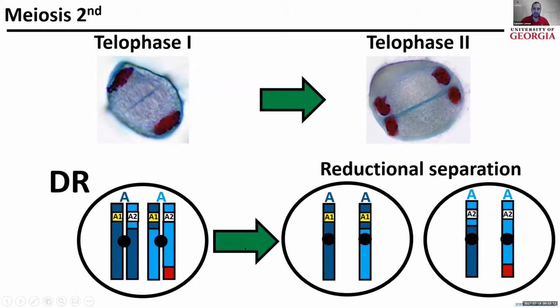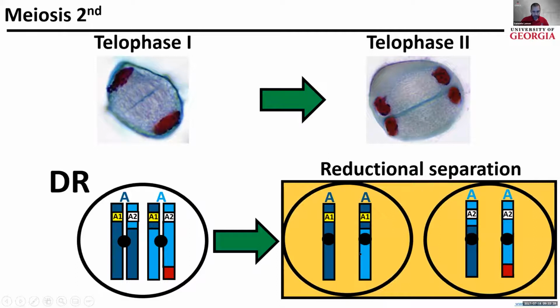You can see here again, the alleles from the same chromosome are inherited in the same gamete in both cases. And you can see that the genome composition of the gamete comes from a single subgenome, an A genome, where we would expect to have an A and a B subgenome. So these are 2 gamete outcomes of double reduction.